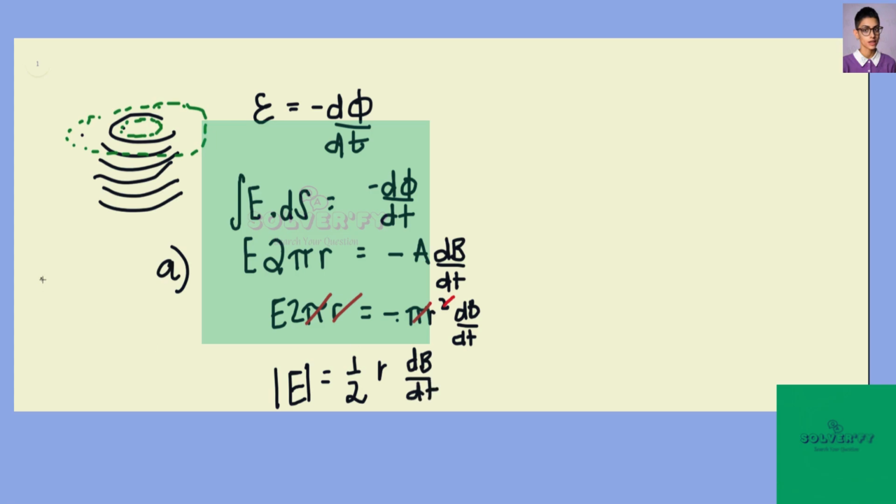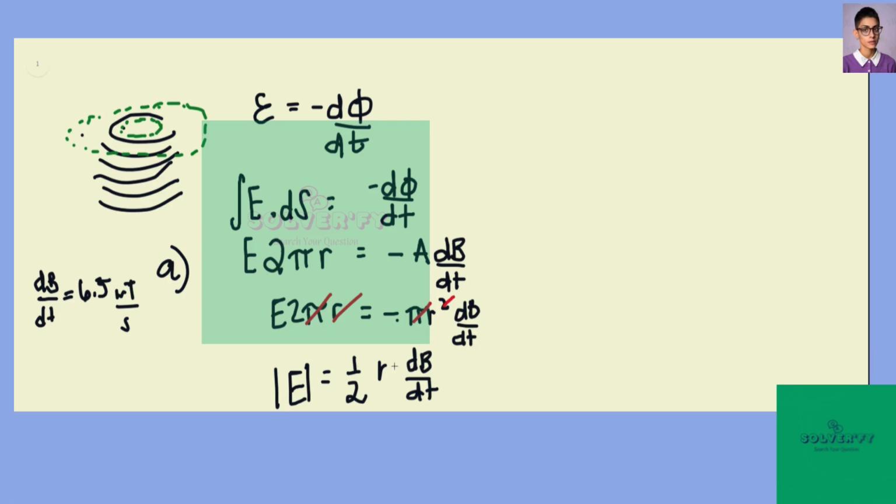We're given that dB dt is equal to 6.5 millitesla per second. So we'll remember to do it times 10 to the minus 3 when we calculate it.